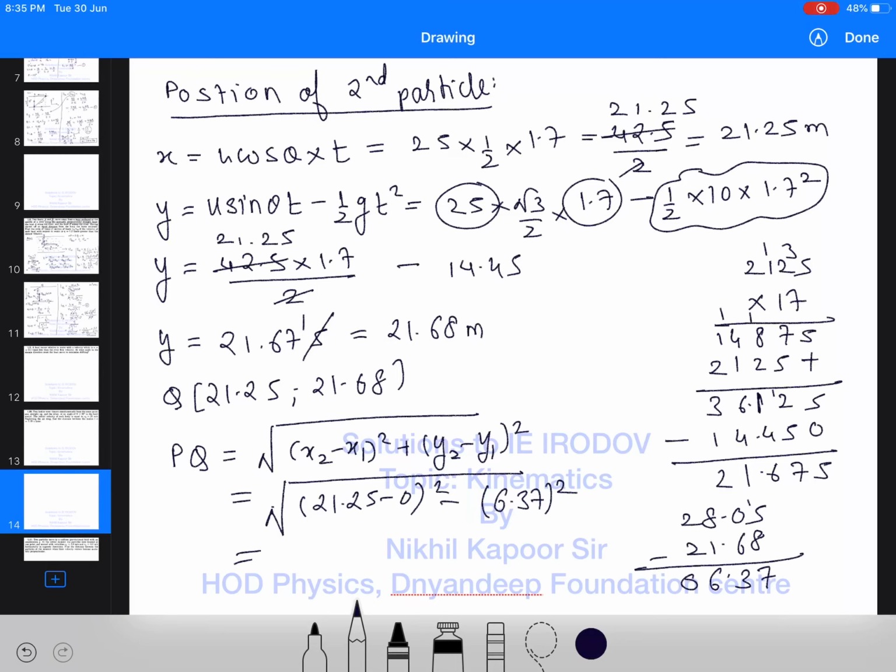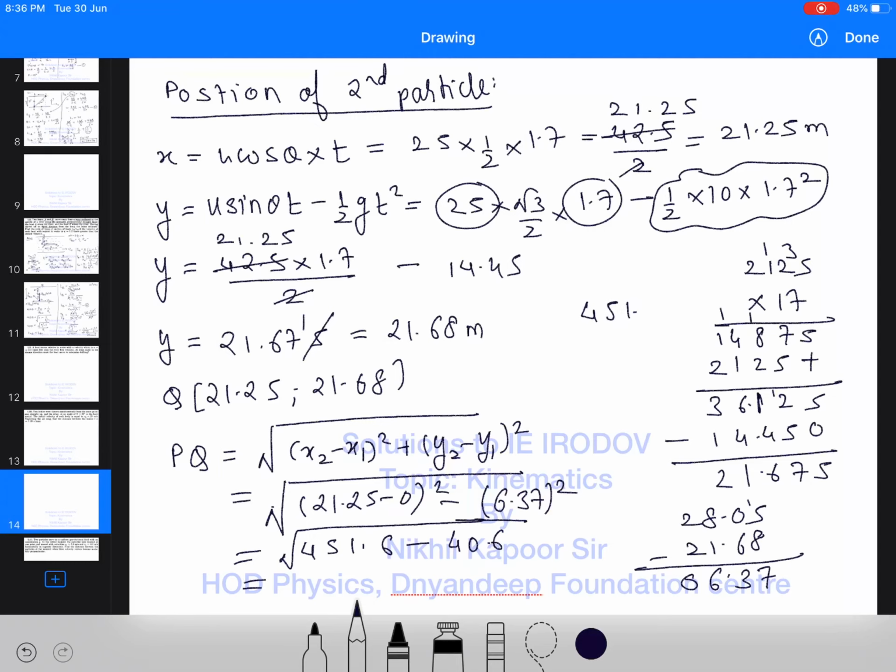Now the square of 21.25 will be what? Let's calculate it roughly: 21.25 multiplied by 21.25, so the square will be approximately 451.6. Plus, now, what will be the square of 6.37? 6.37 multiplied by 6.37 again comes out to be 40.57, so I will write 40.6.